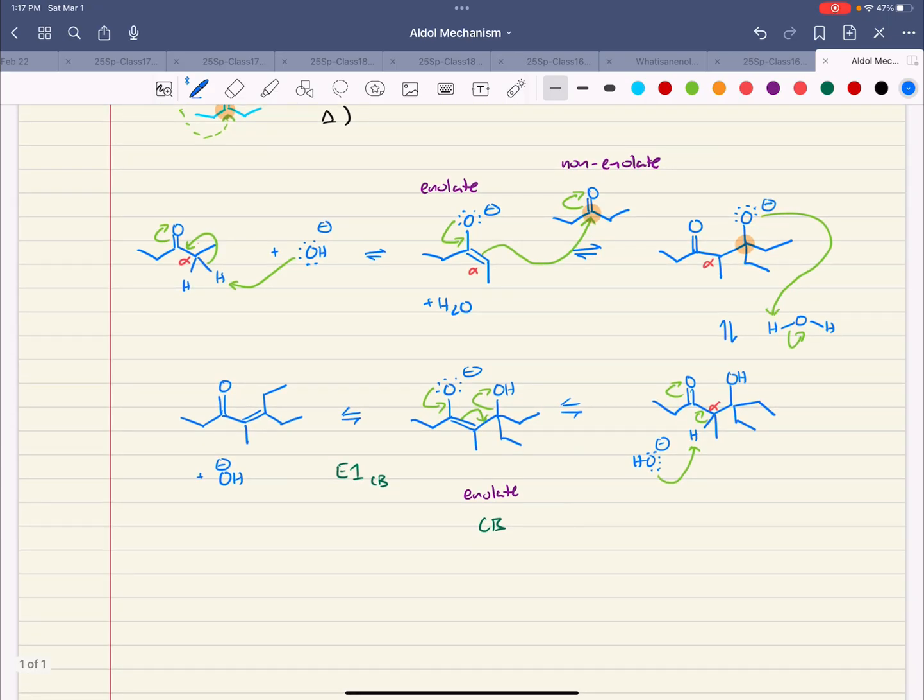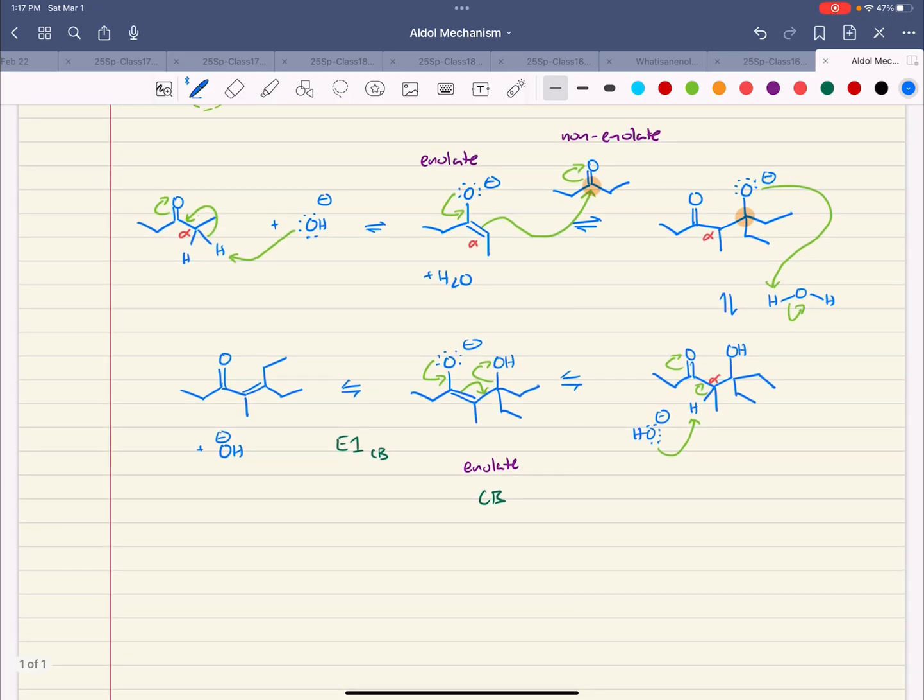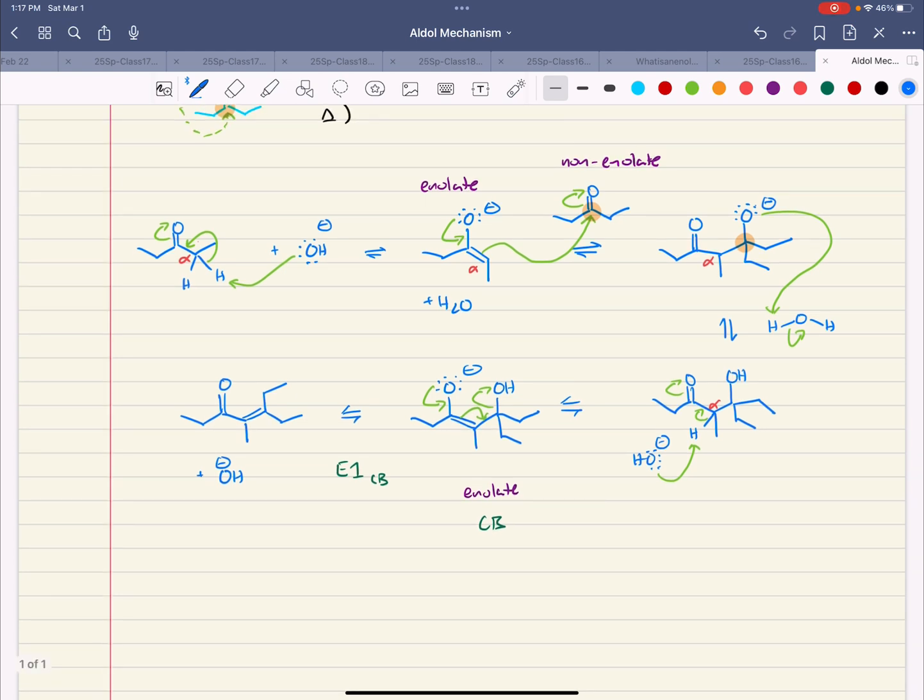Organic chemistry builds upon itself. For some, that makes Organic Chemistry 2 much easier because they have all this information from Organic Chemistry 1 helping them. But if you treat them as two different courses, man, Organic Chemistry 2 is a beast if you're not remembering some of the things that you learned from Organic Chemistry 1.